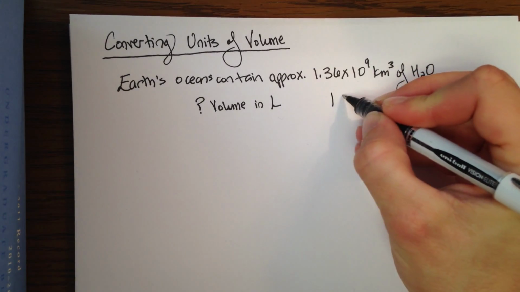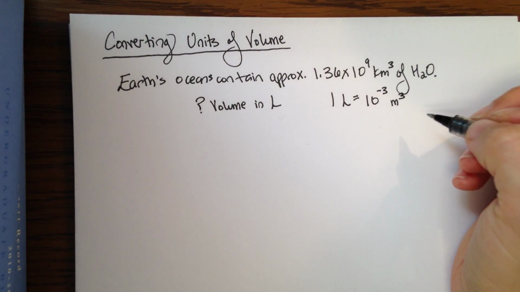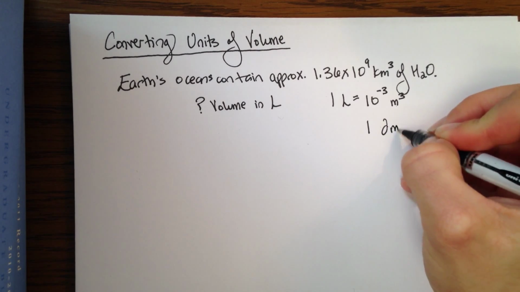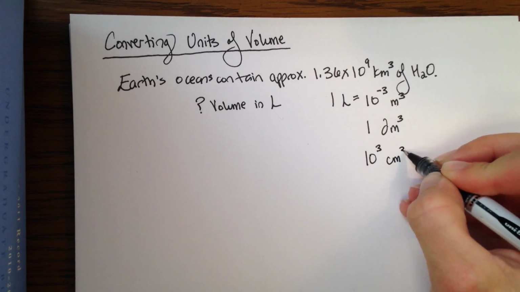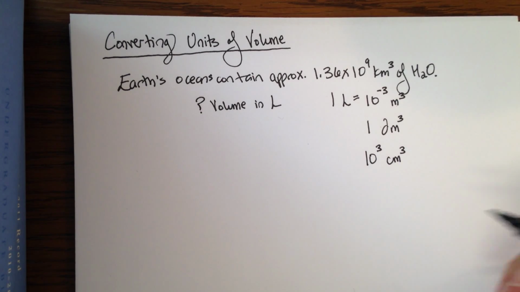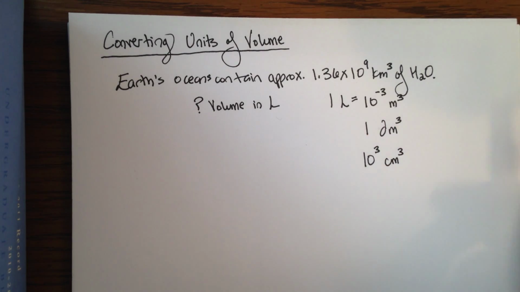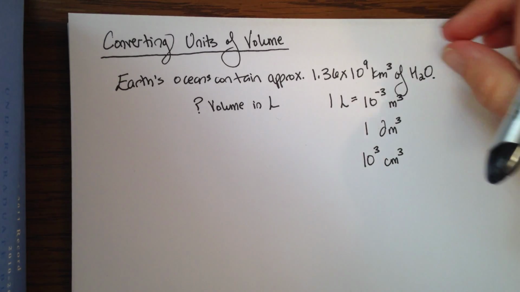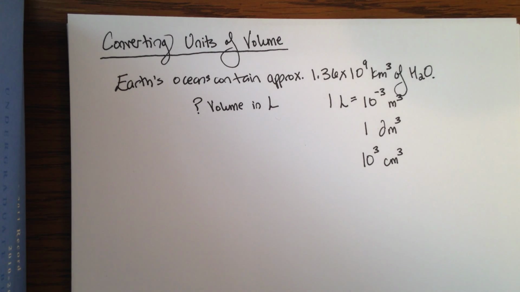You'll see in the book 1 liter is equivalent to 1 times 10 to the minus third meter cubed, or 1 decimeter cubed, or 10 to the third centimeters cubed, or, then there's more about quarts, etc., etc. We don't have a direct conversion between kilometers cubed and liters. So at first glance, you might think that this is a really super difficult problem. There's no way that we can attack this, but we definitely can. We can go from kilometers cubed and find our way to liters. So I'll show you how to do that.